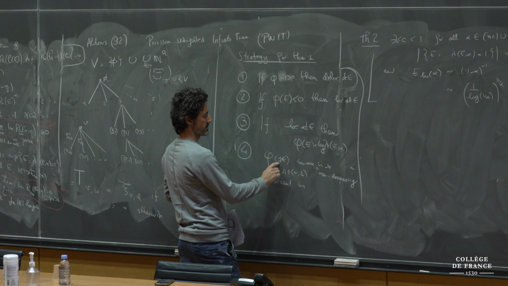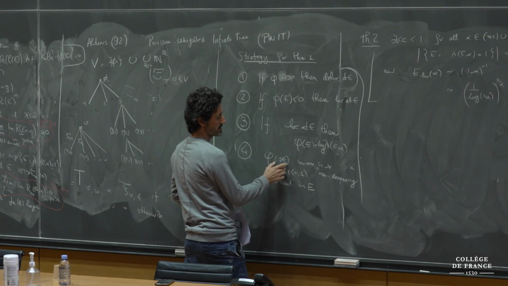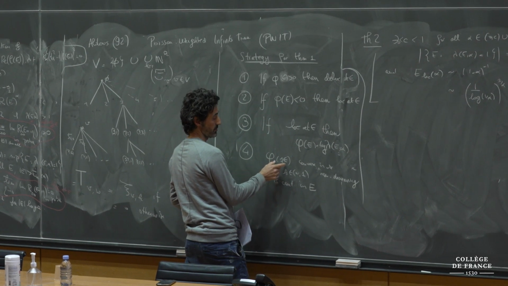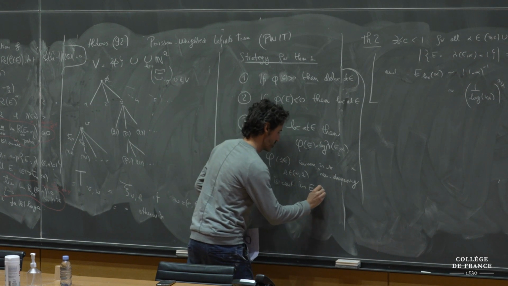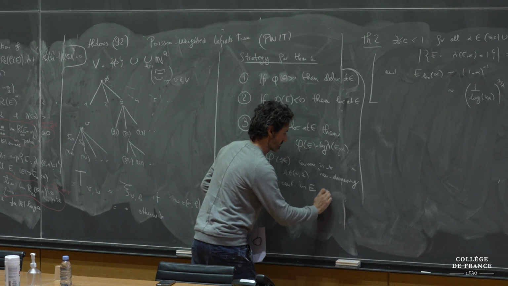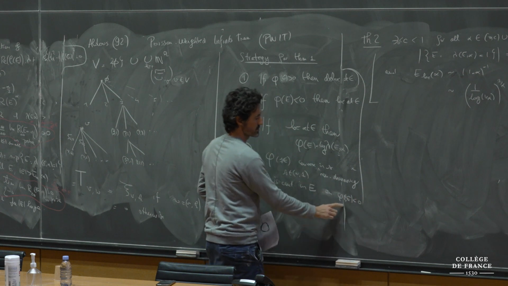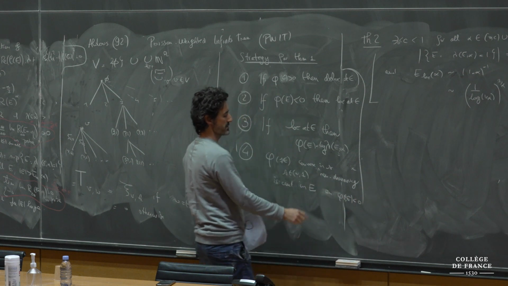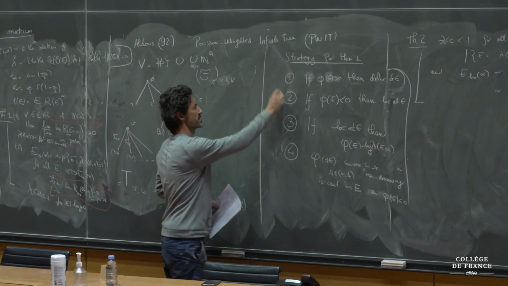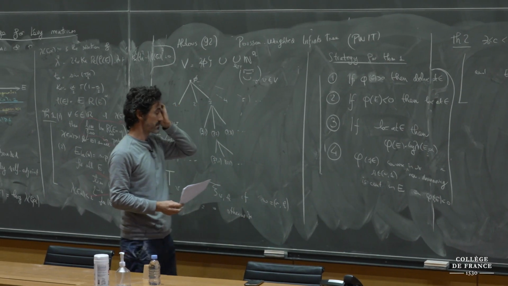What is difficult is the continuity in E. It's continuous in E at the points where phi is negative. So if you have a point where phi of S E is negative, you know that this will be locally continuous. And from these four points, you can deduce the theorem.